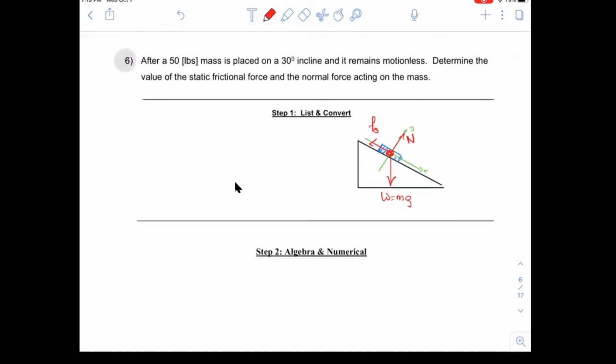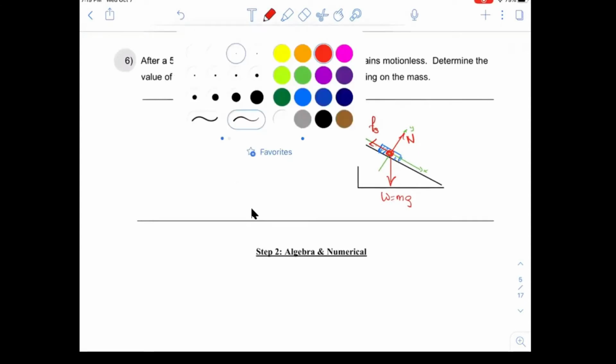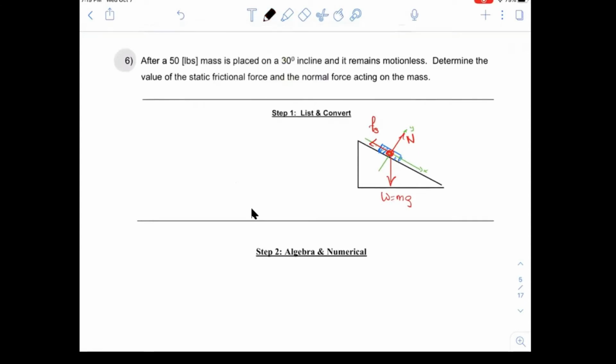Okay, so we got everything that we need, I think. So what do we do? The mass is going to be 50 pounds. The angle is 30 degrees. It's motionless, which means that the acceleration is going to be 0, along the x direction, along the y direction, regardless.